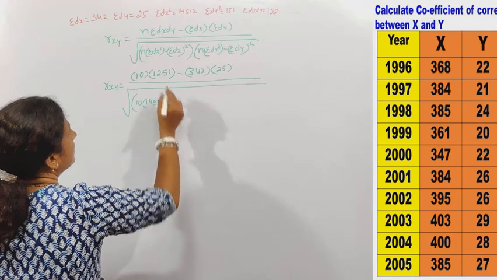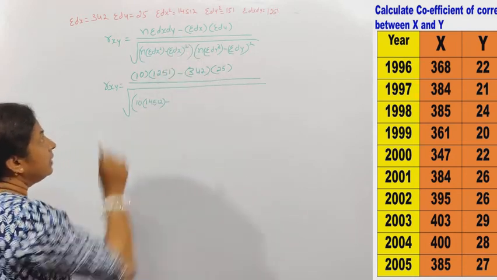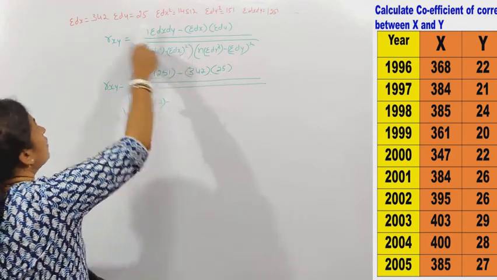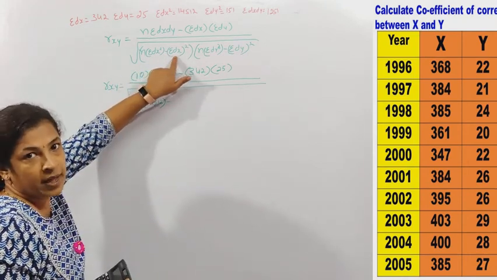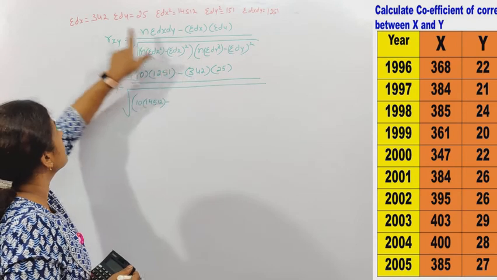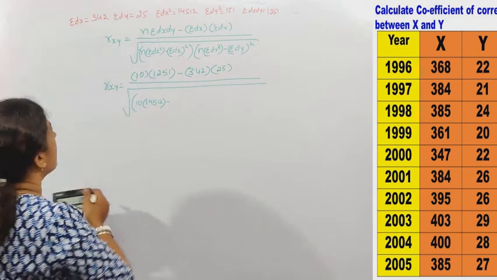Okay. Minus sum of dx whole square. Which value do you have to take? This is not sum of dx square. Carefully observe. This is sum of dx whole square.